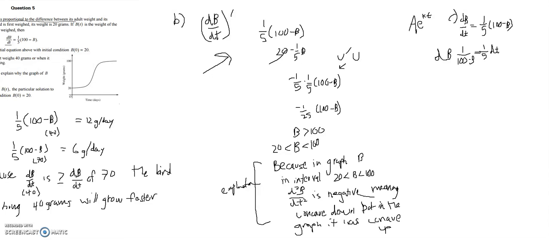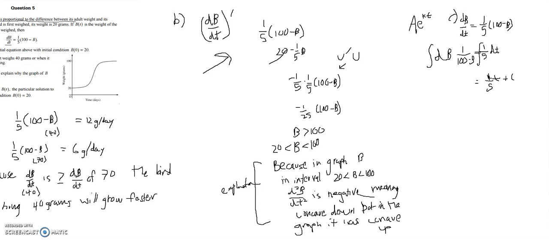So now you just take the integral of each, and then this would become 1/5 t plus C, because this would also have a constant, but it's subtracted onto here.